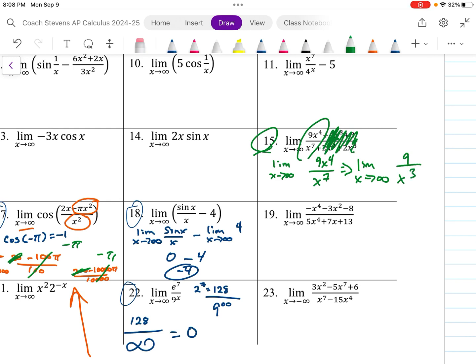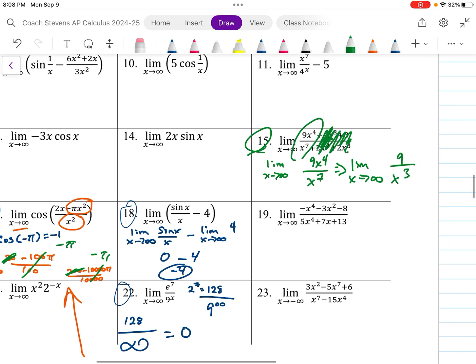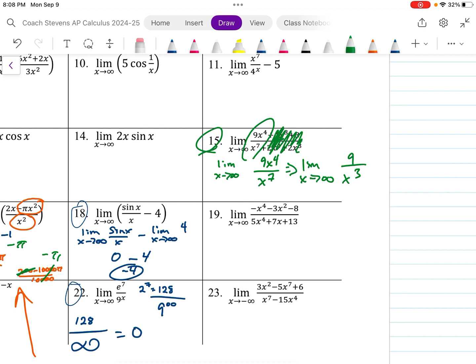You can't plug in infinity because we don't know what it is, but this is 9 divided by infinity to the third power. So it's 9 divided by something really, really big, and that's just going to work out to be 0.